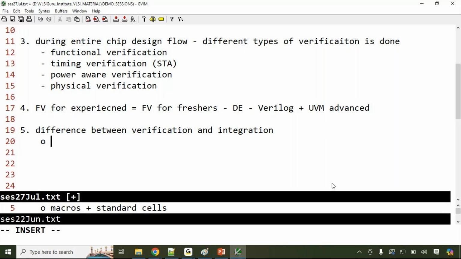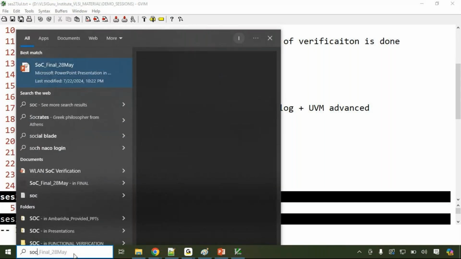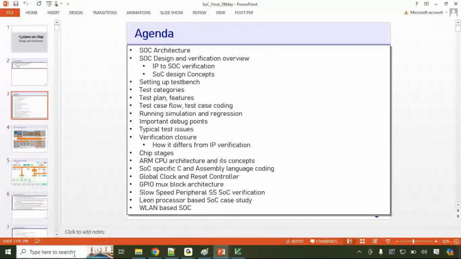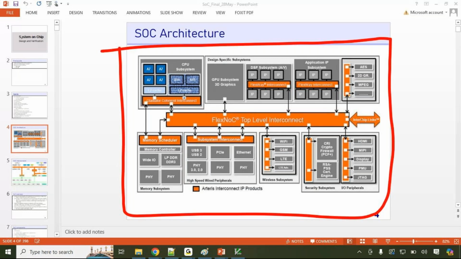Let us understand the difference between verification and integration. Take this diagram, for example. This is an example of a SoC, which is a system on chip. This is what finally goes into the chip, which goes into my electronic product. It has various subsystems: CPU subsystem, GPU subsystem, DSP subsystem. Putting together different subsystems makes the SoC.